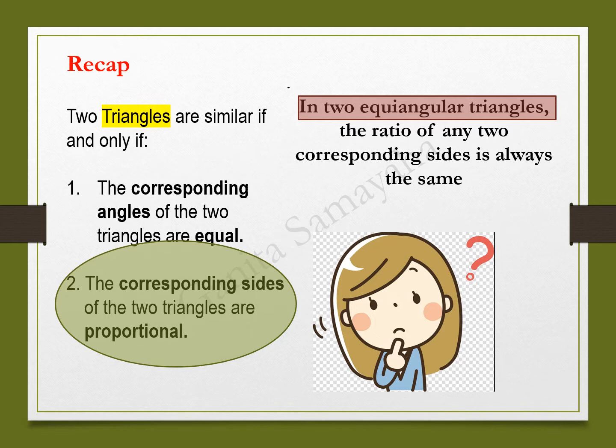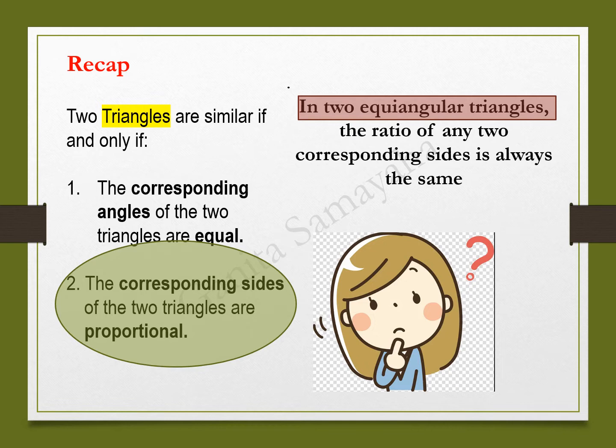Now, let us see how we understood these two concepts, children. Two triangles are similar if corresponding angles of two triangles are equal and corresponding sides are proportional. We have understood. But how did we come to this conclusion? Yes, by observing certain figures and by doing an activity.